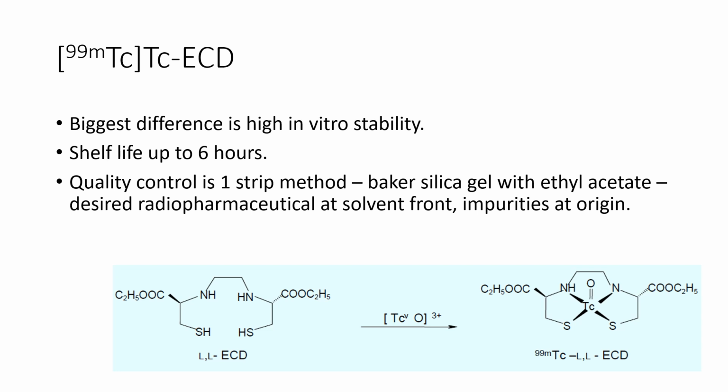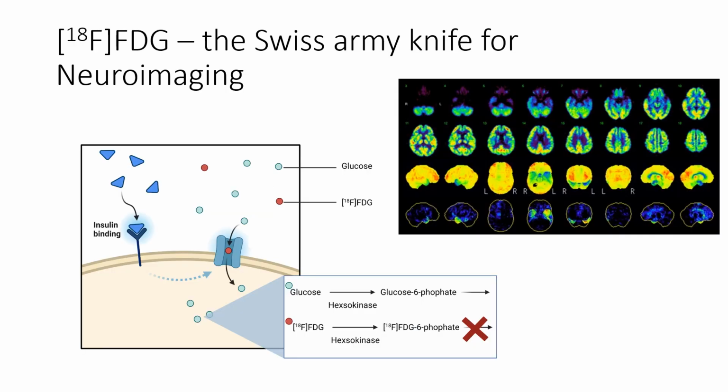And you also have a one-strip quality control method. However, the two tracers are a bit different, and they are not clinically interchangeable that much, but they measure the same sort of studies. They are used for similar studies.